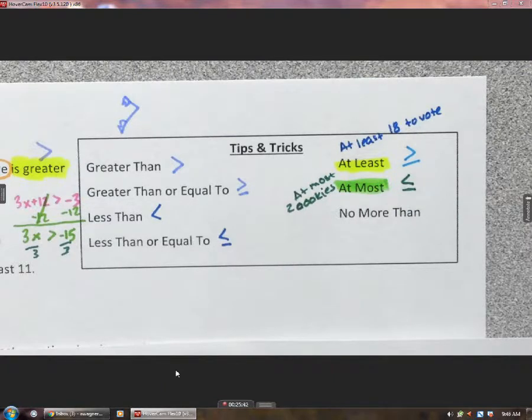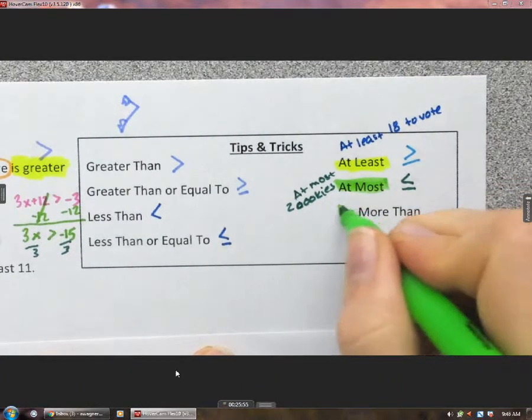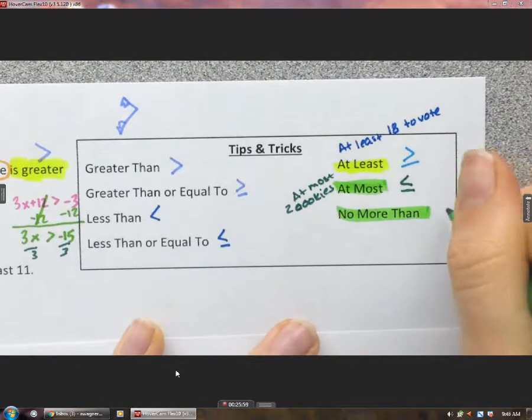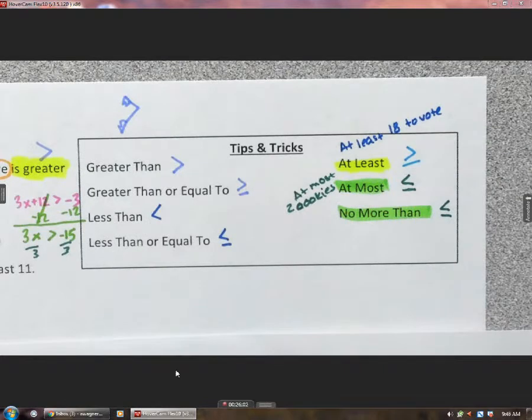And no more than 2 cookies is the same as at most. Does that mean you can have 2 cookies? Yes, you can. They're the same thing, just 2 different ways to say it.